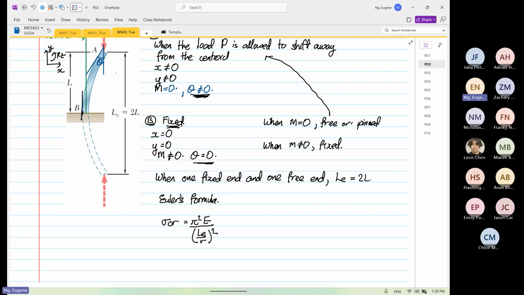So now we know that LE is equal to 2L. So this is equal to pi squared E over (2L over R) squared.